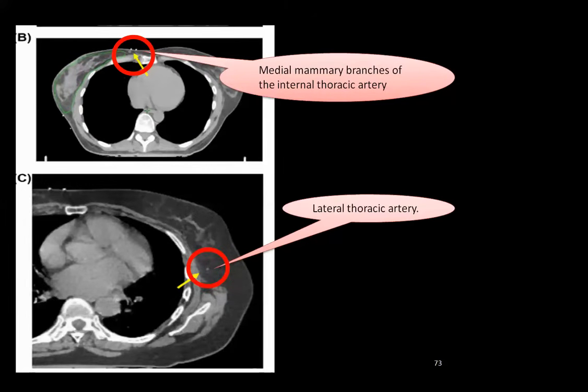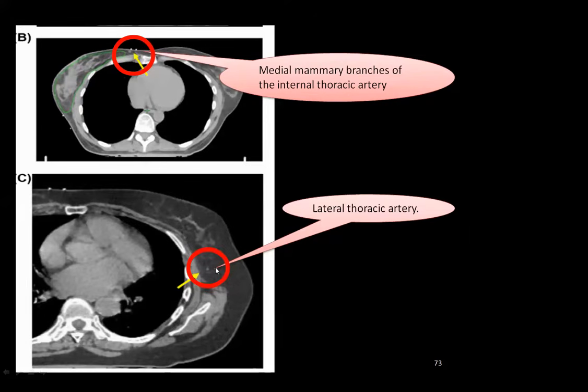If you go to vasculature-based contouring, you have to remember two arteries. The medial mammary branches of the internal thoracic artery are mostly the medial boundary for contouring in any breast cancer or MRM.